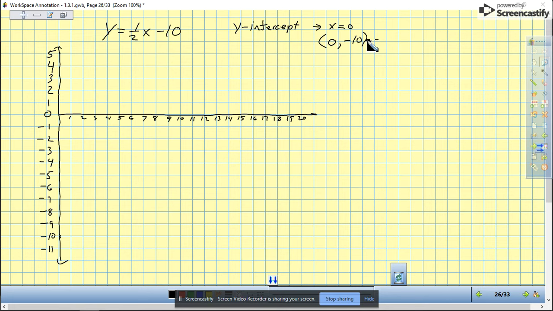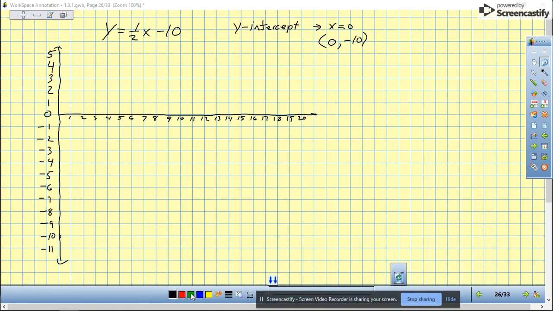Okay? So on our graph, I'm going to change colors here. Let's go with a nice red. That's going to be right here. Okay, and then we want to use our slope to actually graph. So slope, you can do rise over run. Okay, so up 1, right 1.